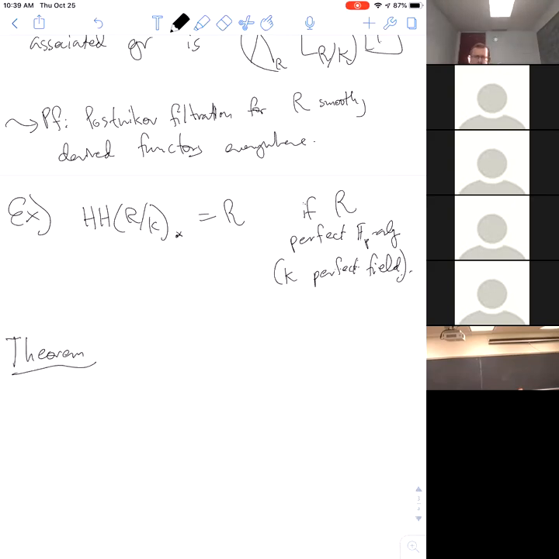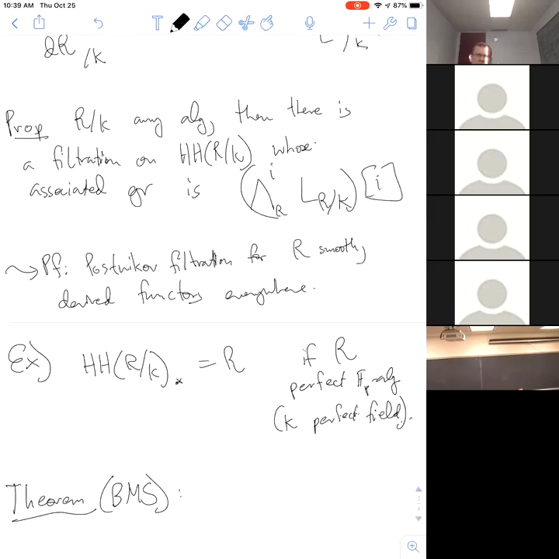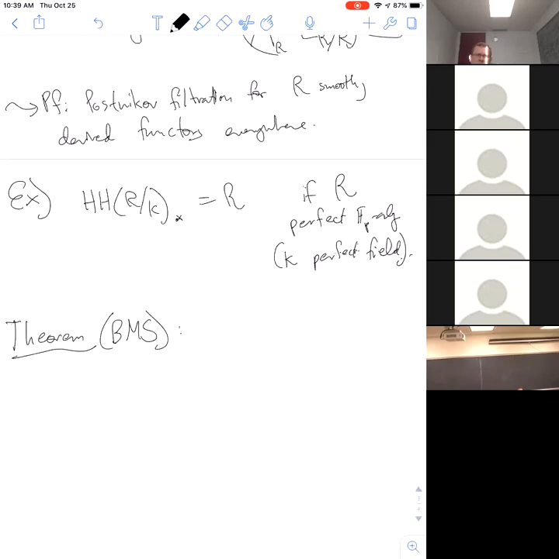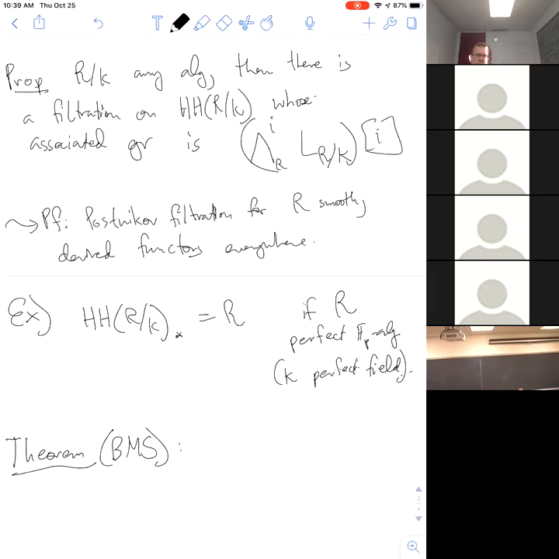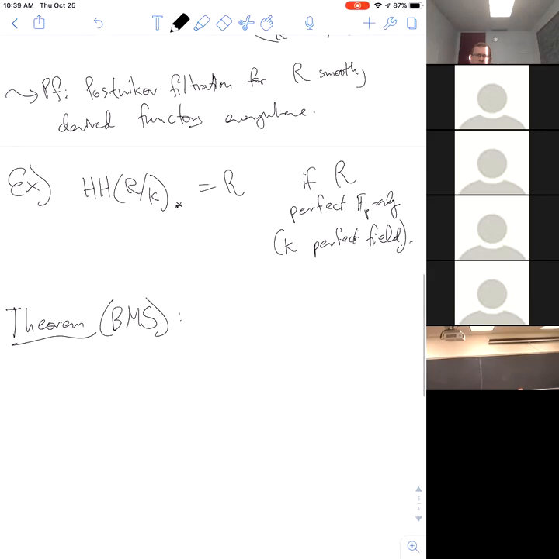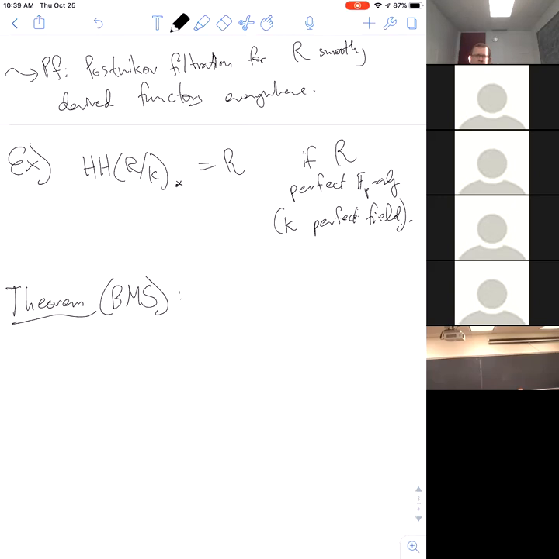The theorem of BMS, sorry, I'm saying this because it's based on this proposition saying that you can build a Hochschild complex out of the cotangent complex, and the theorem is that the construction which sends a ring R to its topological Hochschild homology.